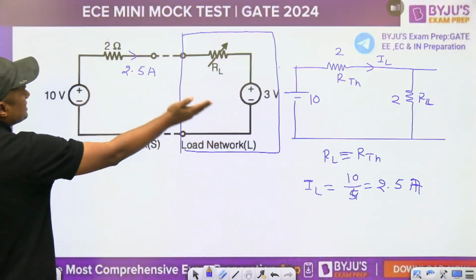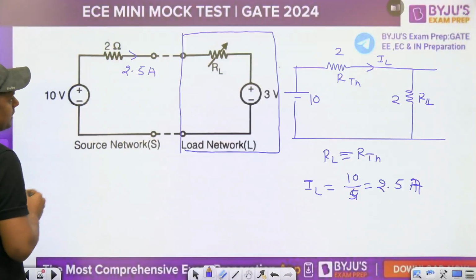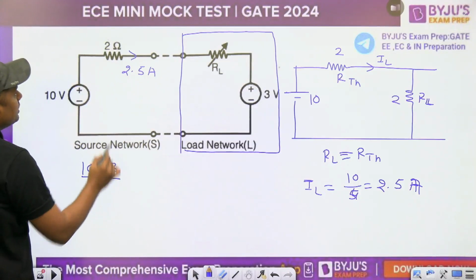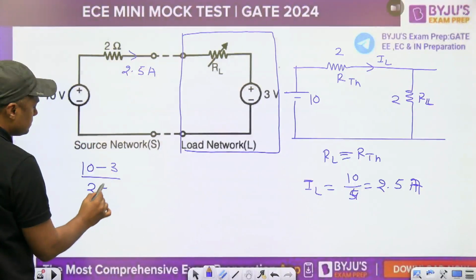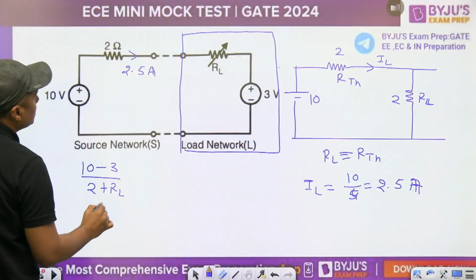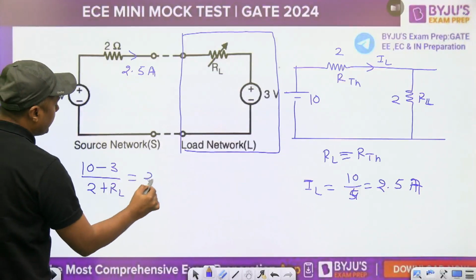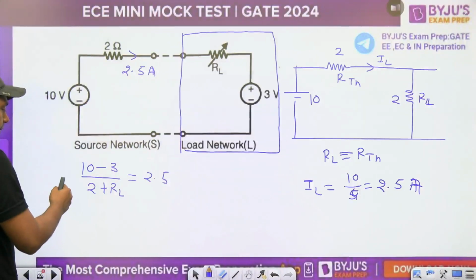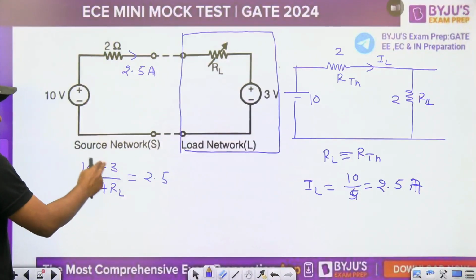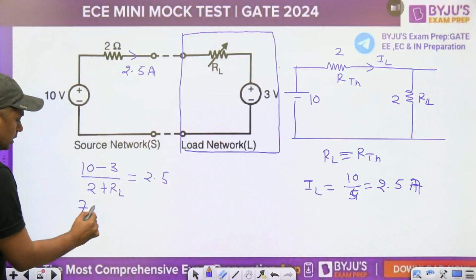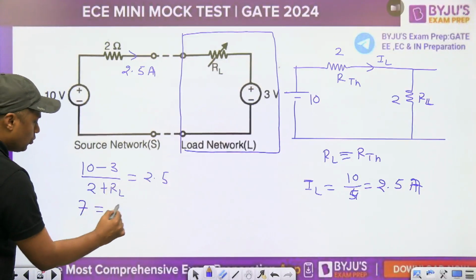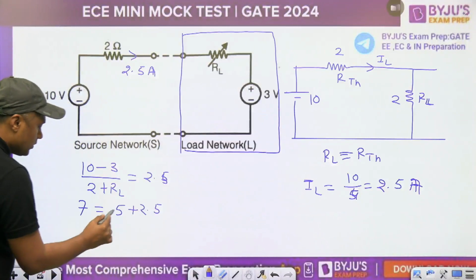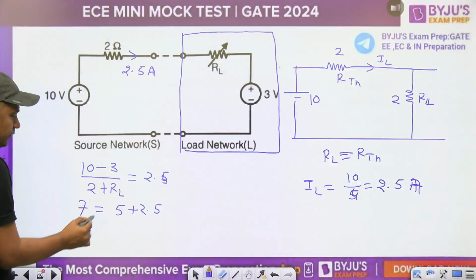This is the 10, this is the 3. You can find the value of RL. So (10 minus 3) divided by (2 plus RL) is equal to 2.5. From this, 10 minus 3, 7, is equal to 2.5 into 2, 5 plus 2.5 RL. 7 minus 5, 2.